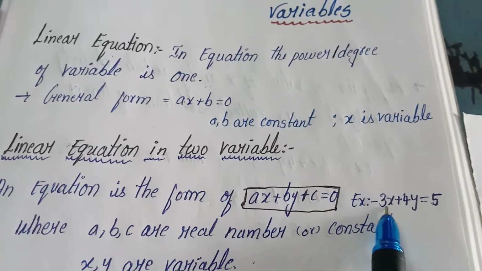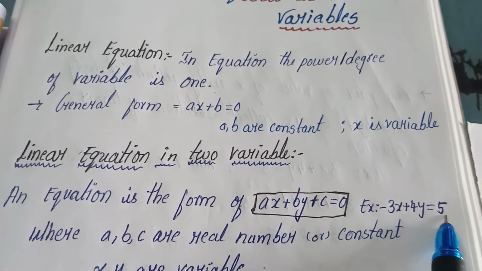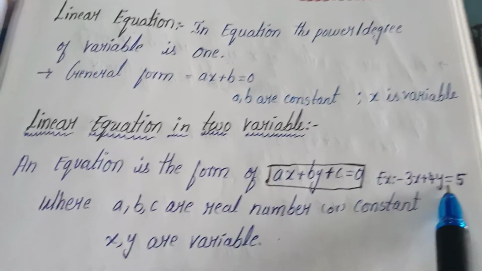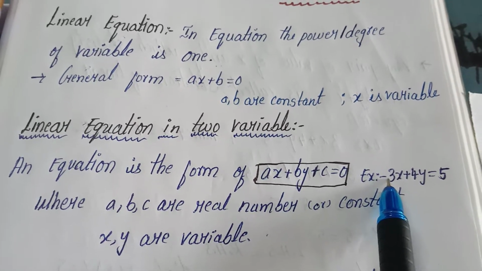Here I am taking an example of linear equation in two variables: 3x plus 4y equals 5. Here 3, 4 and 5 are constants. What is a constant, ma'am? A constant is nothing but any real number, from 1 to infinity, and negative numbers also come here.